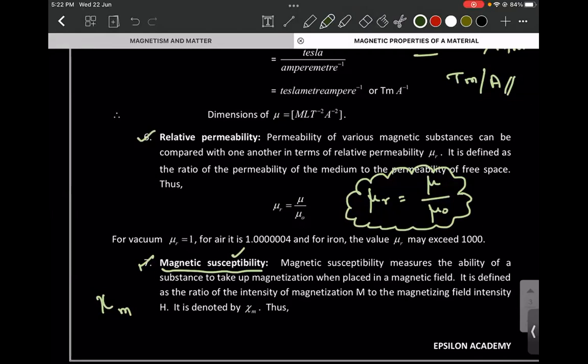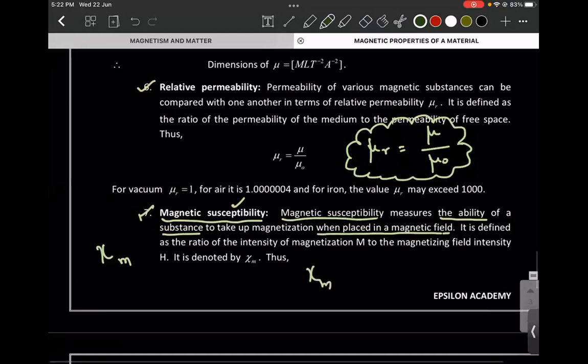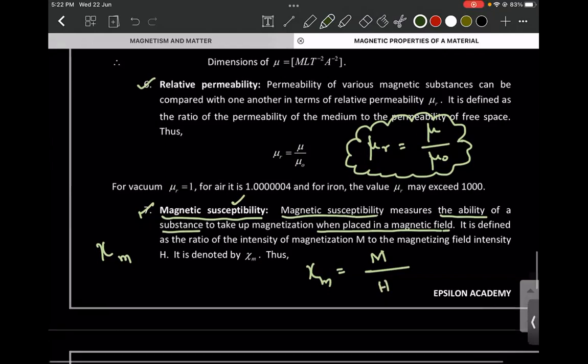If you read the definition, magnetic susceptibility is the measure of the ability of a substance to take up magnetization when it is placed in a magnetic field. It is defined as the ratio of intensity of magnetization to the magnetizing field intensity.